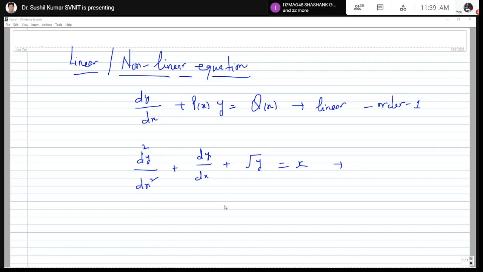How you will define linear, non-linear ordinary differential equation? सौभाग्य बोलो. No idea. Okay.